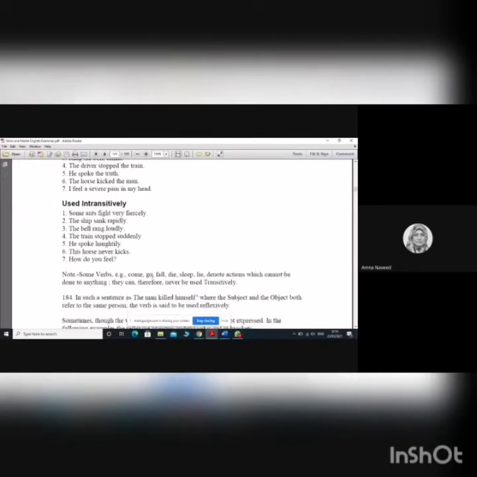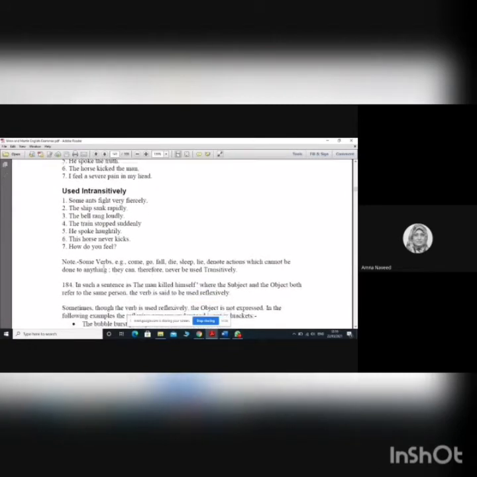But here is one more thing to remember, that some verbs, for example, come, go, fall, die, sleep, etc., denote actions which cannot be done to anything. For example, you cannot say that he died. Died on what? If you say died because of something, that is another thing.